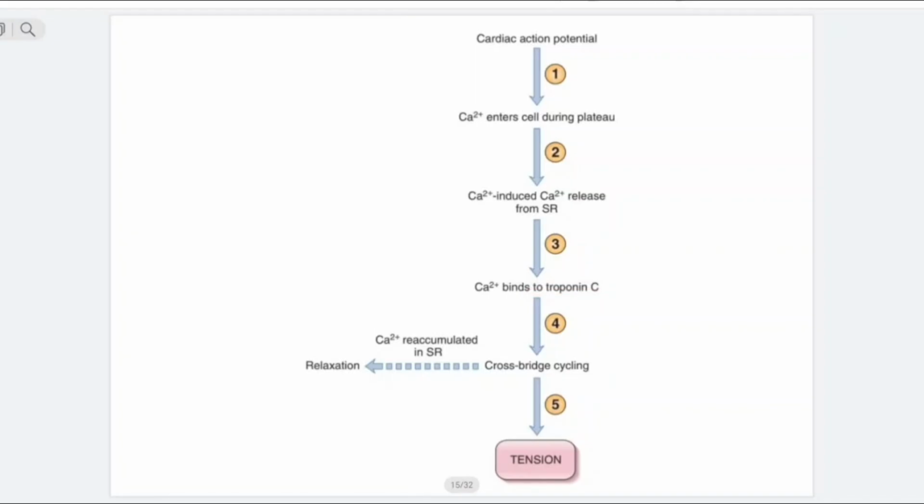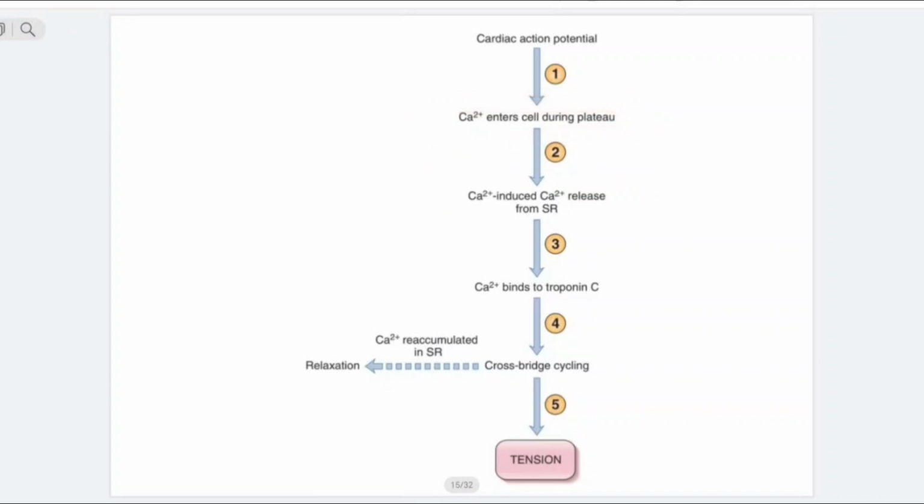And then to cause relaxation, because I don't want contraction to take place continuously forever, I need to relax the cell at some point, so calcium will go back into the SR. The more calcium I have in the intracellular space, the stronger the contraction. What does the intracellular calcium concentration depend on? It depends on two things. The amount of the calcium trigger, so the amount of calcium entering the cell.